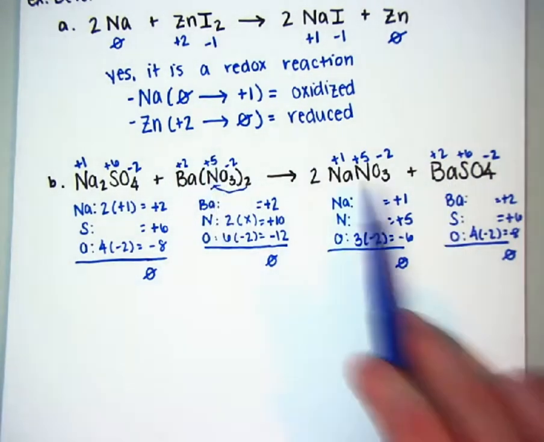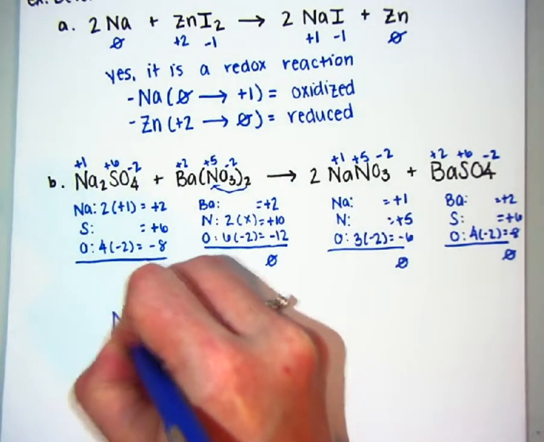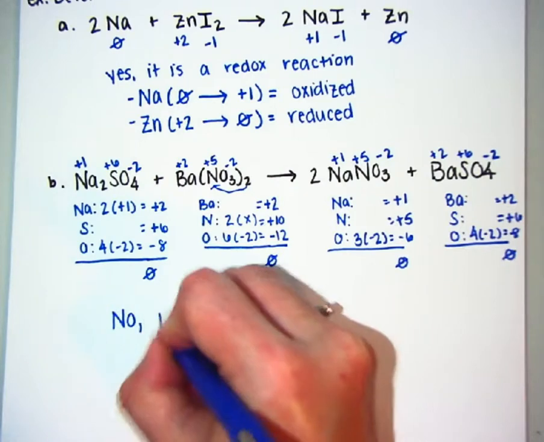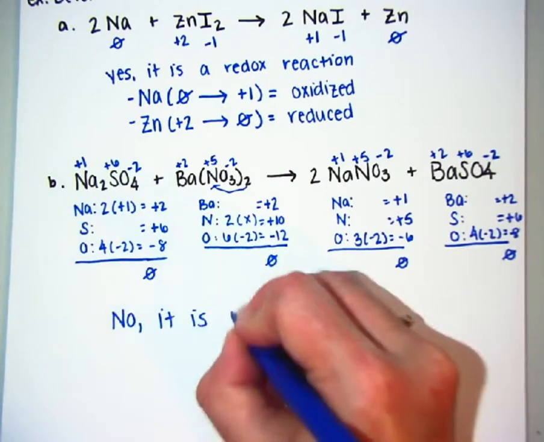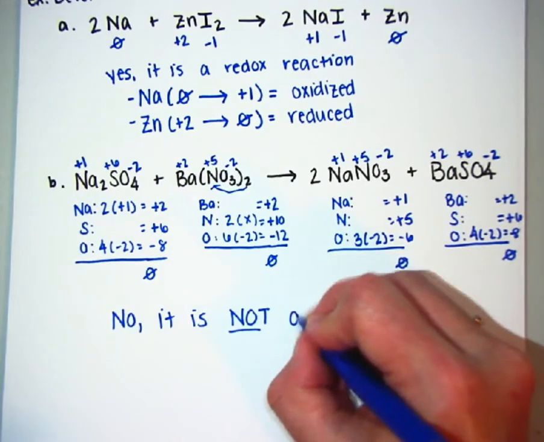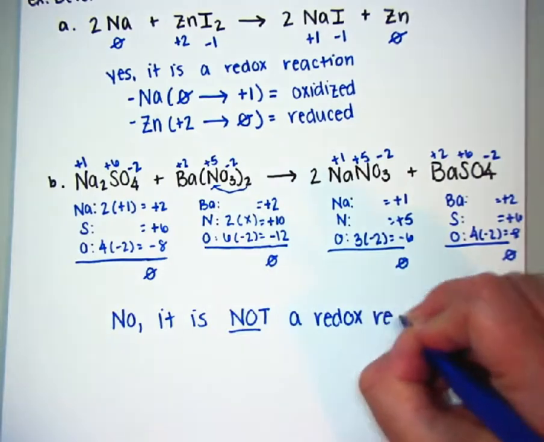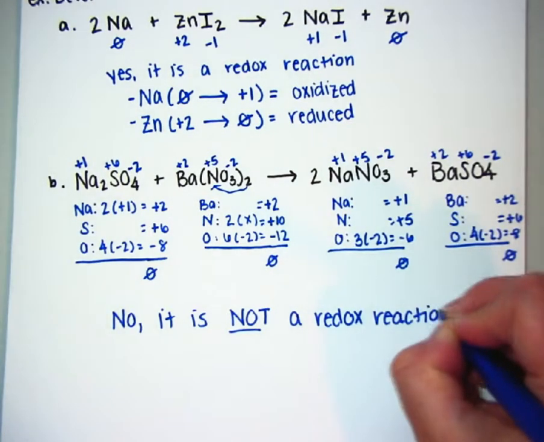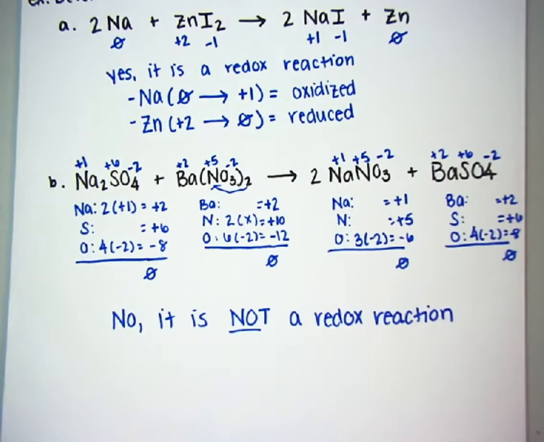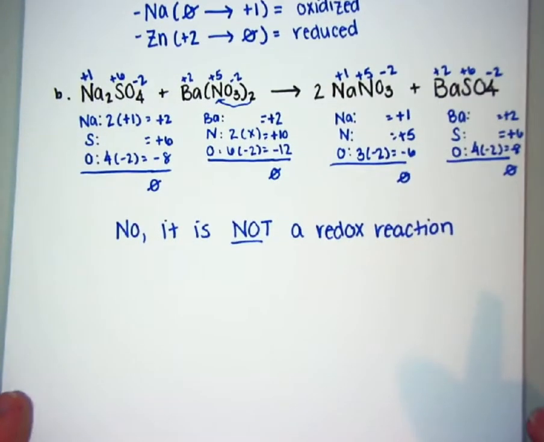Nitrogen, +5, +5. There are no changes in oxidation number. So no, this is not a redox reaction. Always good to double check, but usually double displacement reactions are not redox reactions.